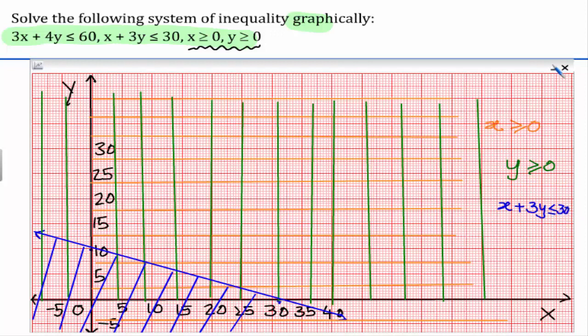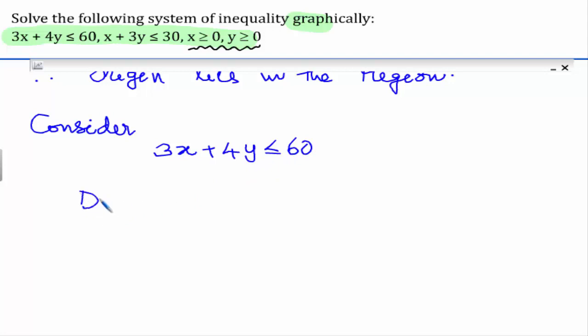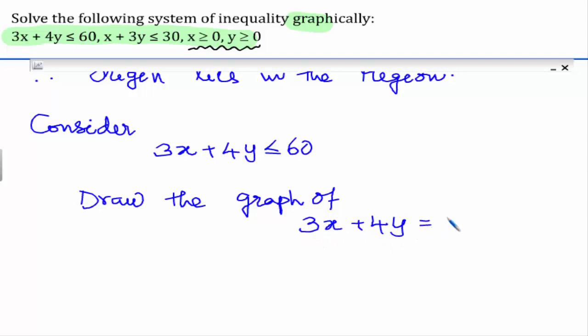Now let us select the another inequality, which is 3x plus 4y less than or equal to 60. To find out the solution of this inequality, we have to draw the graph of 3x plus 4y is equal to 60.